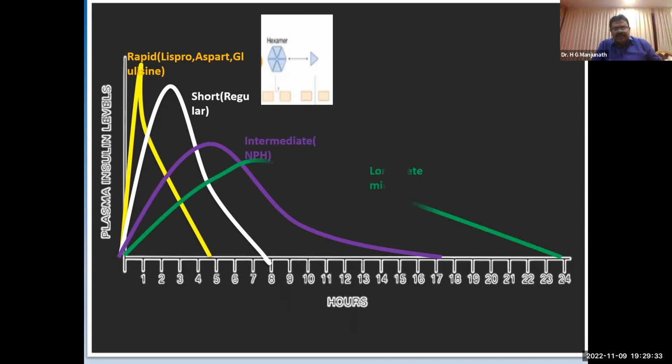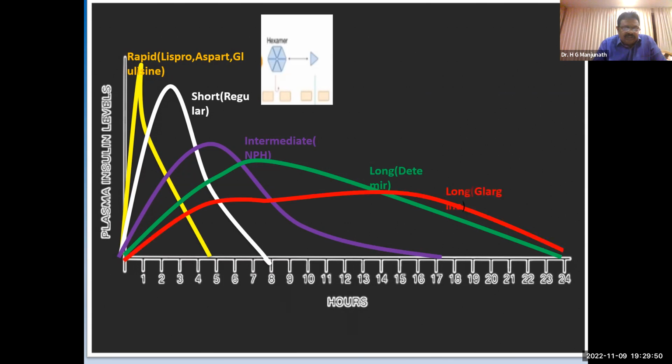Finally, we have the longer-acting insulins, with a slower onset of action. The preparations falling in this category are as follows. One is insulin detemir, with a peak effect between 6 to 8 hours and a duration of action up to 24 hours. The next is insulin glargine, which does not produce a peak effect due to its steady-state delivery of insulin for about 24 hours. Finally, we have insulin degludec, which does not produce a peak effect and lasts beyond 24 hours.